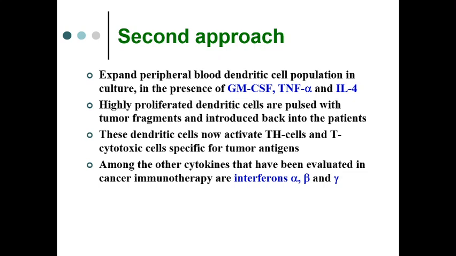So another approach is expanding the peripheral blood dendritic cells. The peripheral blood dendritic cells from the tumor patient can be harvested, and in the presence of GM-CSF, TNF-alpha and IL-4, they can be grown in tissue culture, and the highly proliferating dendritic cells can be pulsed with the tumor fragments.